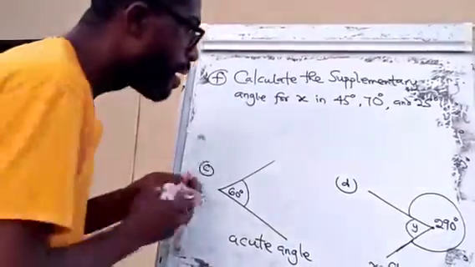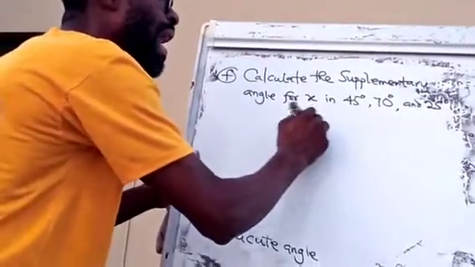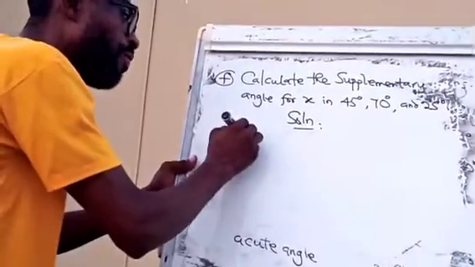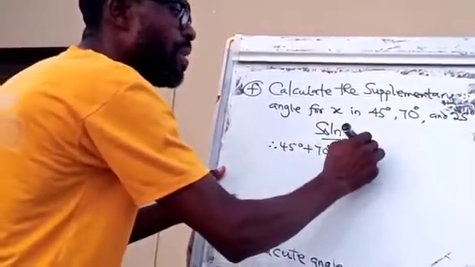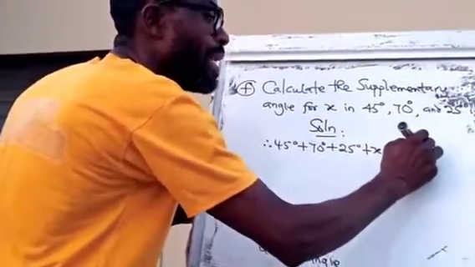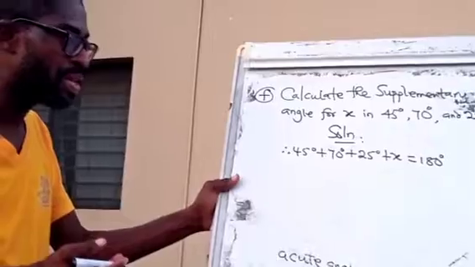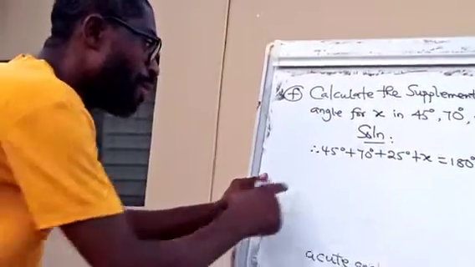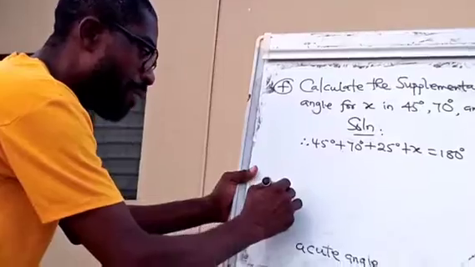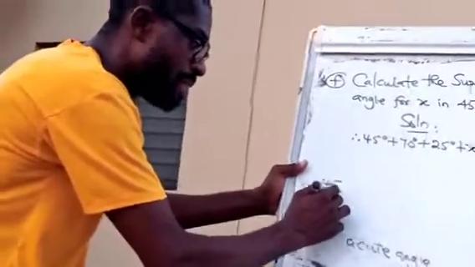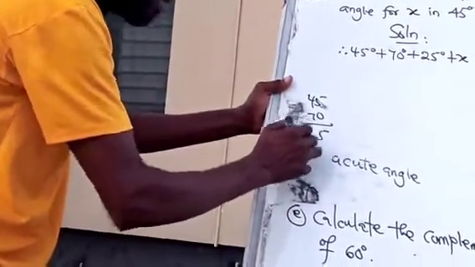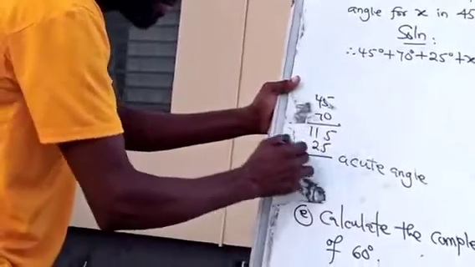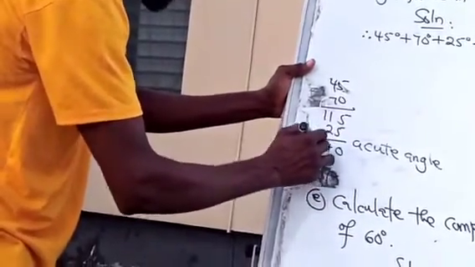So we go back to identify the value of the angle x. So what do we do? Therefore, we have 45 degrees plus 70 plus 25 degrees plus x should be equal to 180 degrees. And that is the supplementary principle. So let's add. 45 plus 70 gives us 115, plus 25, so we have 140.